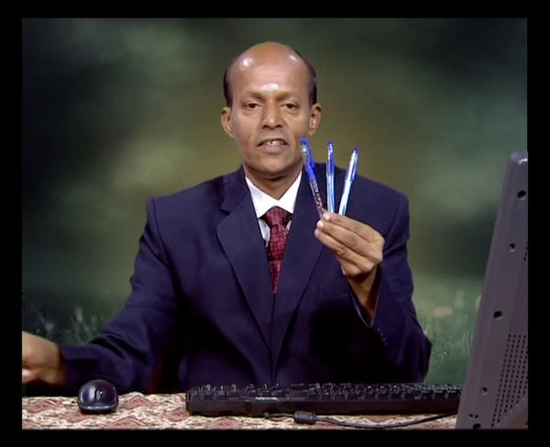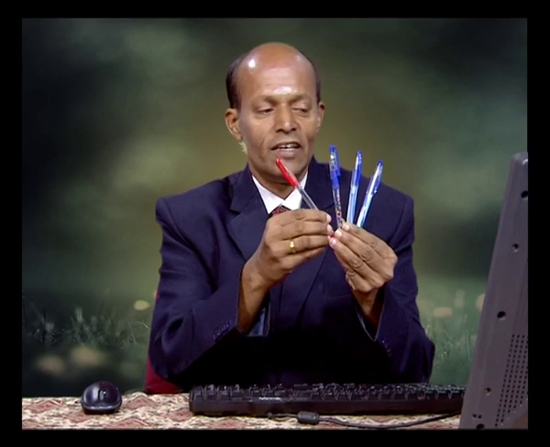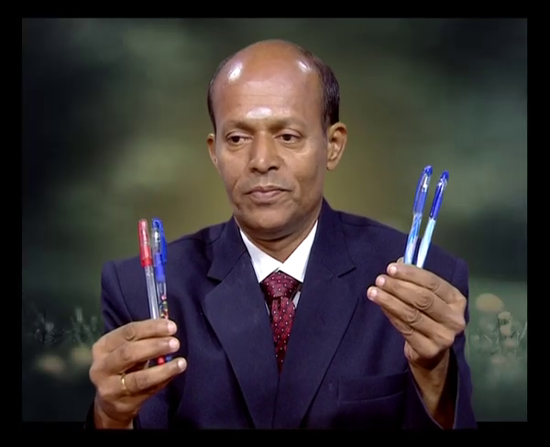Here O3, the blue color is the oxygen atoms, and therefore there are 3 oxygen atoms, O3, and it is reacting with a catalyst. The red color is the catalyst, so O3 plus the catalyst X, and the catalyst reacts with one atom, giving OX, and the remaining is O2.